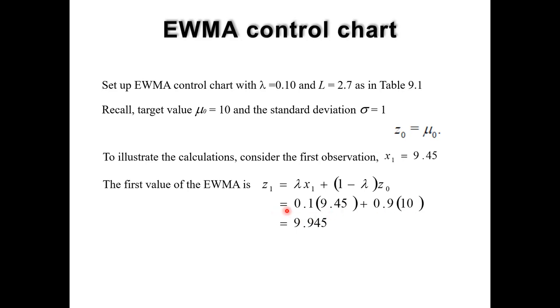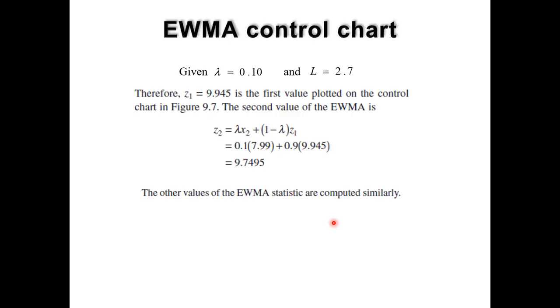Therefore, by plugging in the value of lambda equals 0.10, x1 equals 9.45, plus 1 minus lambda, so 1 minus 0.1 we get 0.9, times 10, that will give us the first EWMA Z statistic, z1 equals 9.945.